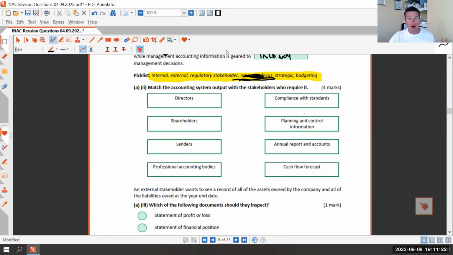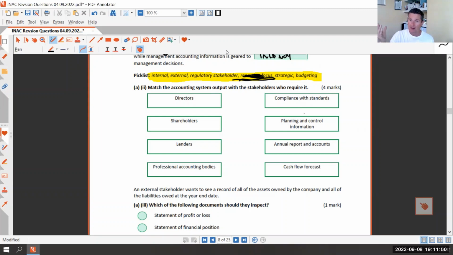Again, we've got match the boxes. Again, you can use the process of elimination if you don't know, but hopefully it's not too bad. It's all about the financial framework and environment that the business operates in, who's responsible for what kind of thing. Here we've been asked to match the accounting system output with the stakeholders who require this.